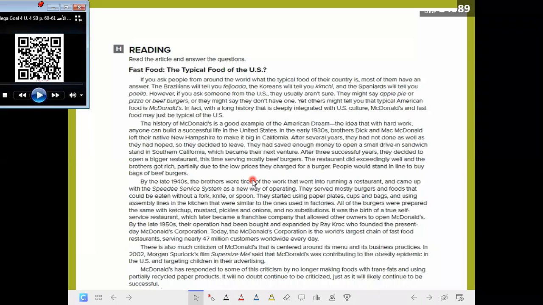After a couple of years, they made a new car in New Hampshire. After 3 years of success, they changed and went to Southern California, and they began a new venture.